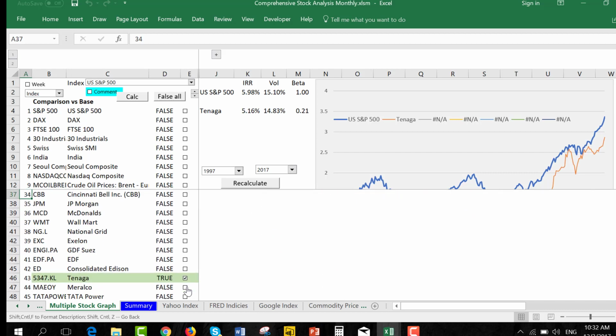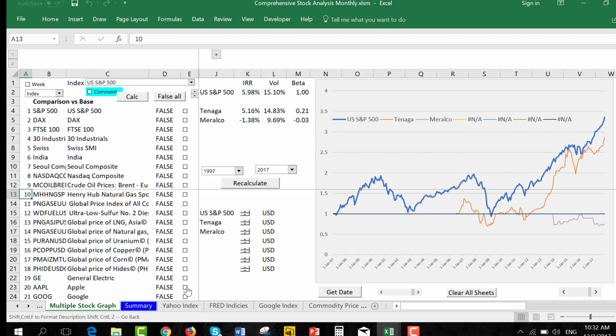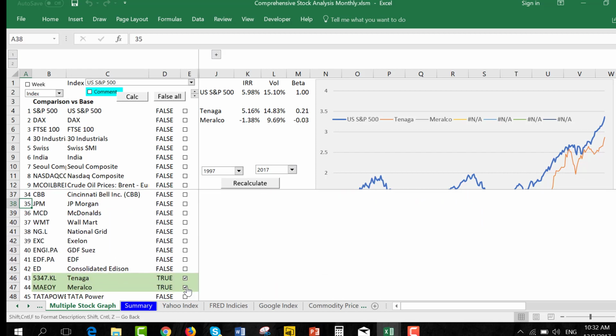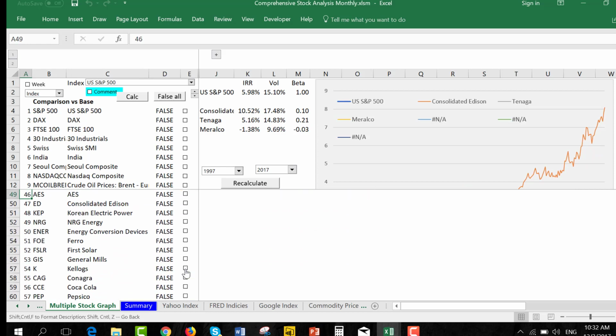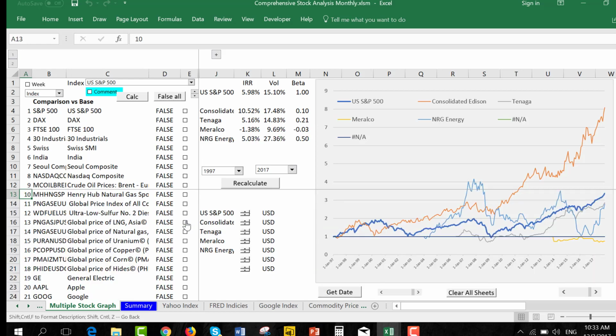Let's go down here. What I just said is I don't like the fact that I have to go back up. I tried to go back up each time so you see the thing. And let's take a boring old utility called Consolidated Edison, a distribution company in New York City, and let's take an innovative kind of, whatever, IPP.